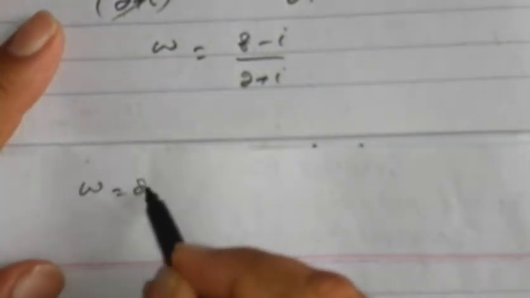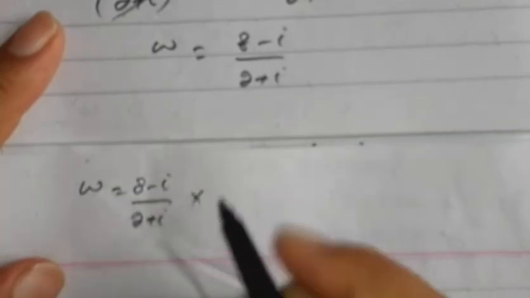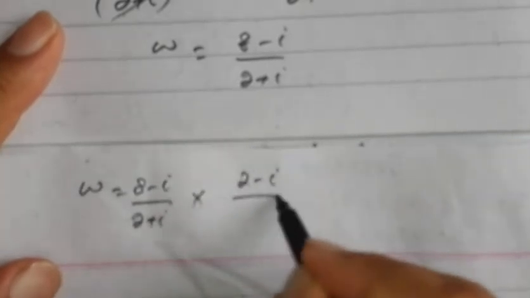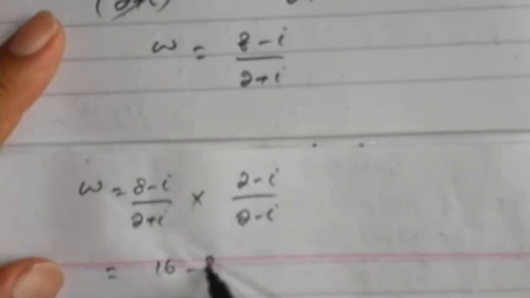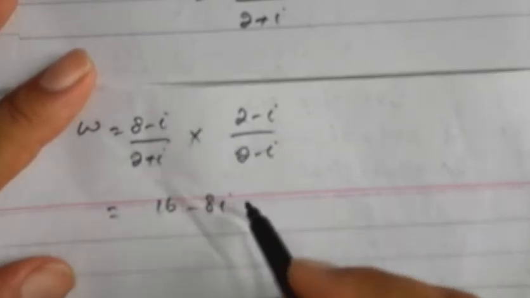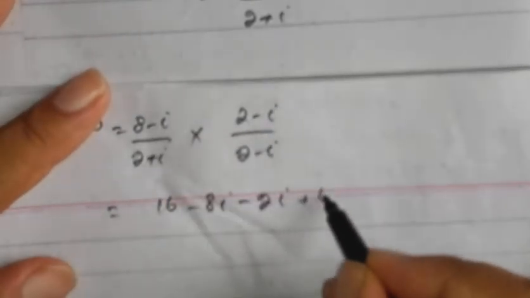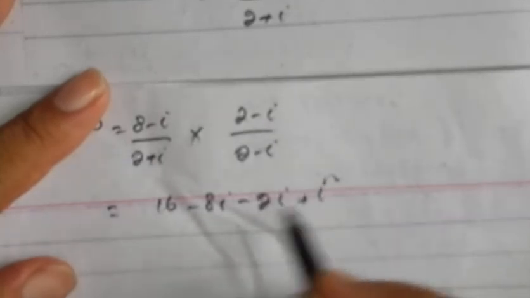W equals to 8 minus iota divided by 2 plus iota, multiply and divide by 2 minus iota. So here 2 8s are 16 minus 8 iota, and minus 2 iota, and here plus iota square, minus into minus.